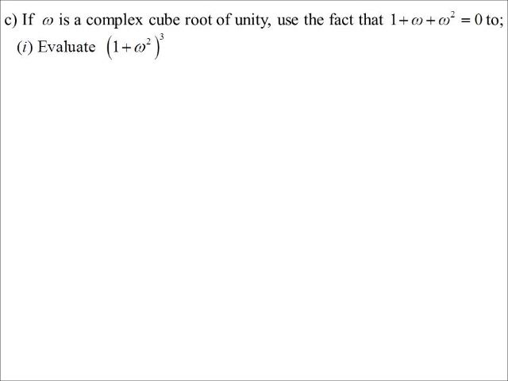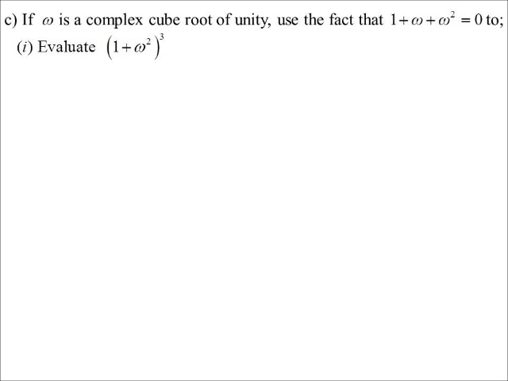So in this case, well, they've told me that 1 plus omega plus omega squared is equal to 0. The other thing that I know, omega cubed is equal to 1. Using those 2 ideas, I should be able to solve this. So we have to evaluate 1 plus omega squared to the power of 3. Could expand the whole thing out, not going to. It's easier to cube 1 term than it is to cube 2 terms.